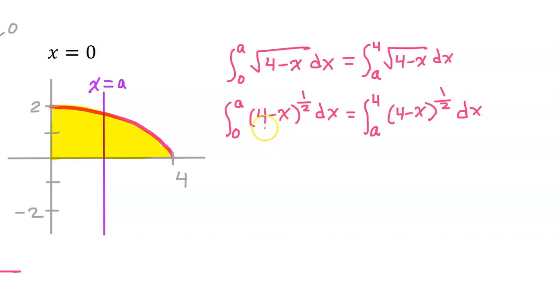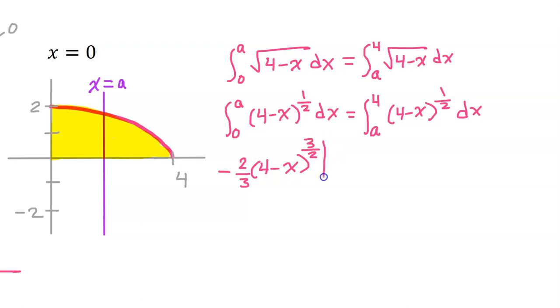That means the only thing I need to do to compensate for the substitution is that I'm going to need a negative out in the front. So let's keep the u, the 4 minus x, and add 1 to the exponent. So adding 1 to 1/2 gives us 3/2. Then we divide by the new exponent. Dividing by 3 over 2 is the same thing as multiplying by 2 over 3.